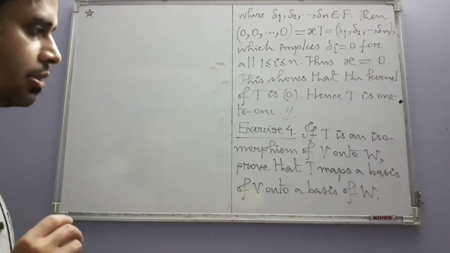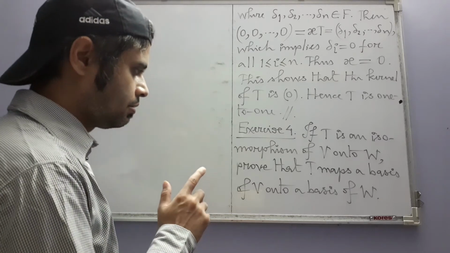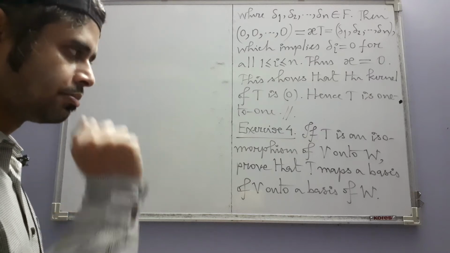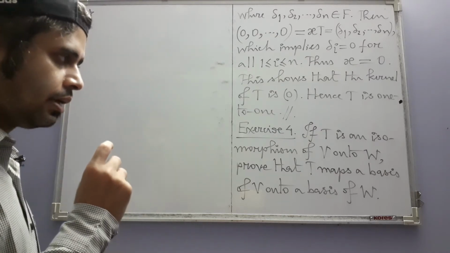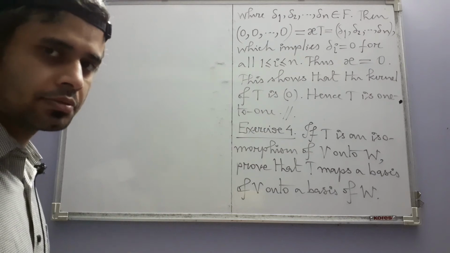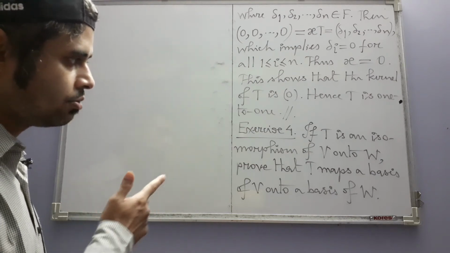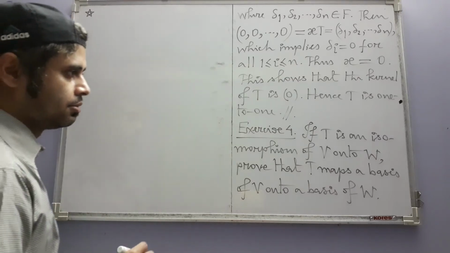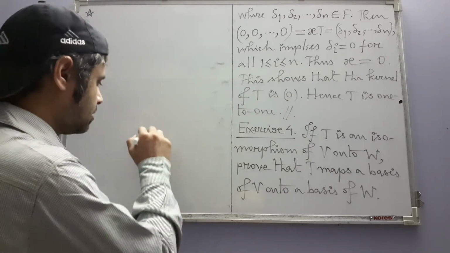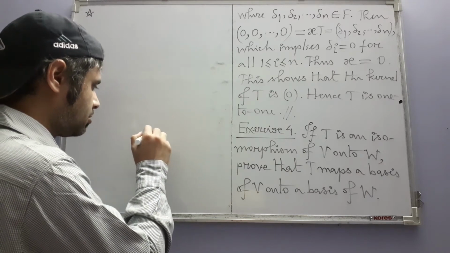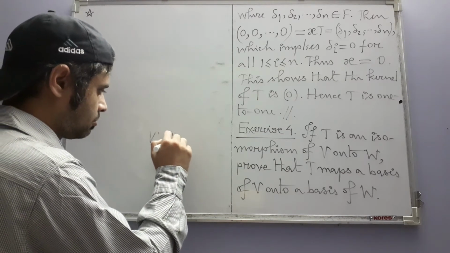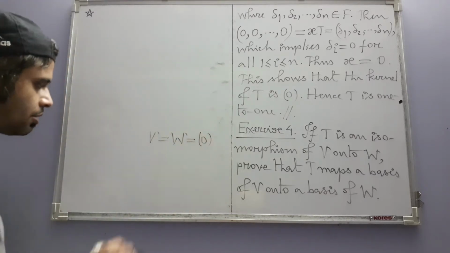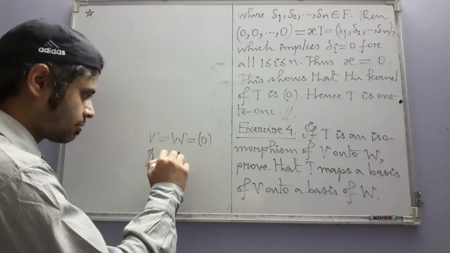And as we have already seen, that particular vector space which has only one vector, the zero vector, has the empty set as its basis. So according to what is being asked in this exercise, if our V and W are both the zero space, then both of them have this basis.